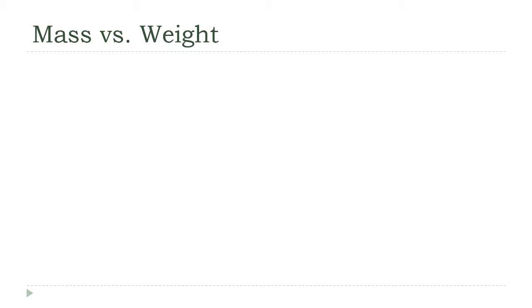Now, as long as we kind of stay right here on the Earth's surface, it's not uncommon for people to kind of politely pretend that they're the same, right? Even though they really aren't. Okay, so again, now referring back to our units, the gram is a measurement of mass, right? Not weight. The number of grams in an object is going to stay the same no matter where it is.